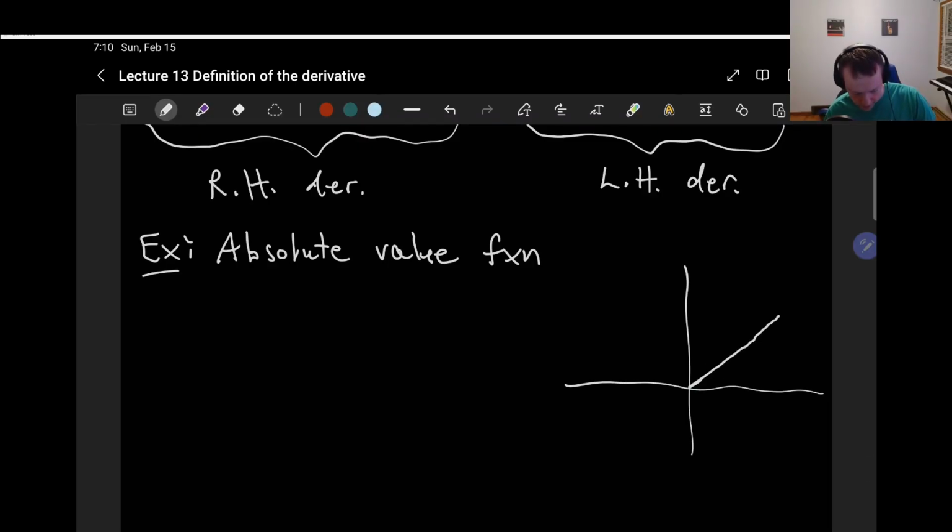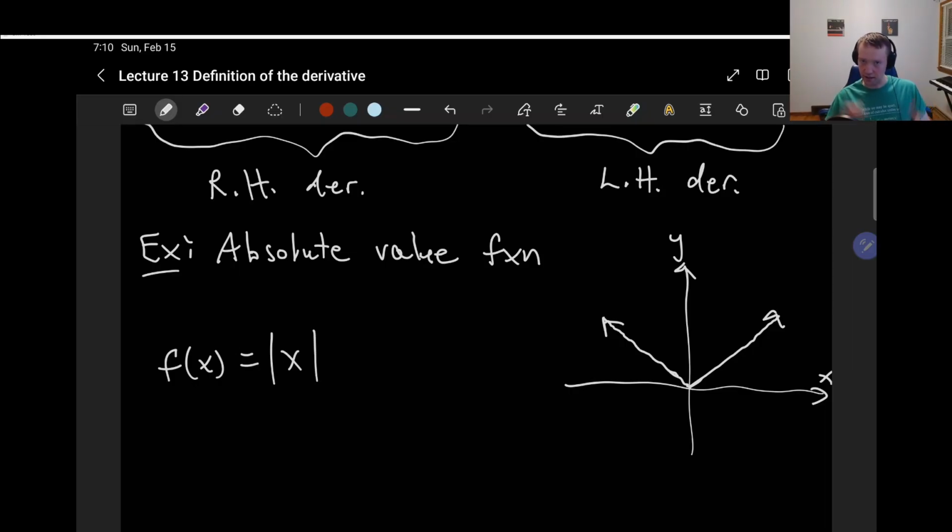Looks like a V. The idea of the absolute value function is you plug in a number and it will spit out the positive version of that number. So it's f of x. We write it like this, these bars around x.